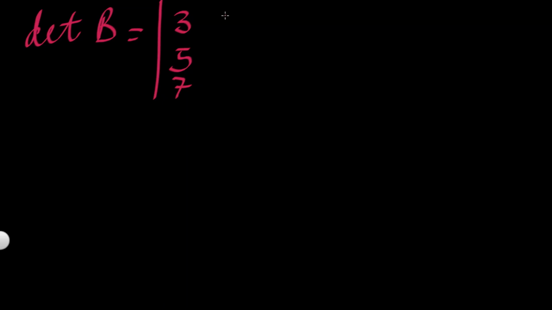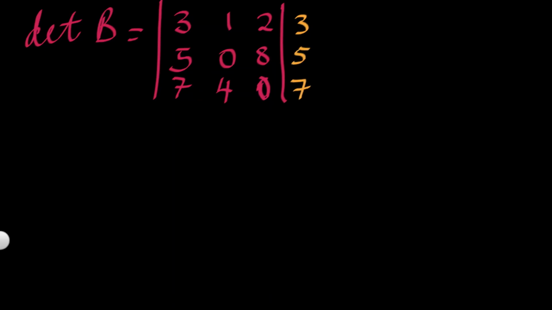The second column is 1, 0, 4. The third column is 2, 8, 0. I have to rewrite the first and second column here, which is 3, 5, 7 and 1, 0, 4.